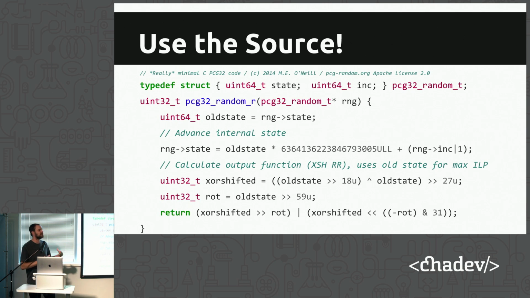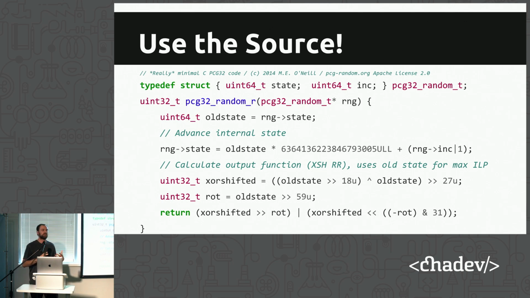So let's take a quick look. This is the C source for a minimal implementation. That's it. It's pretty simple. It's a lot of bit shifting, so it looks a little crazy, but it's actually not that many individual operations. The compiled code for it is also on PCG's website and is also extremely short. It just doesn't take much to do.